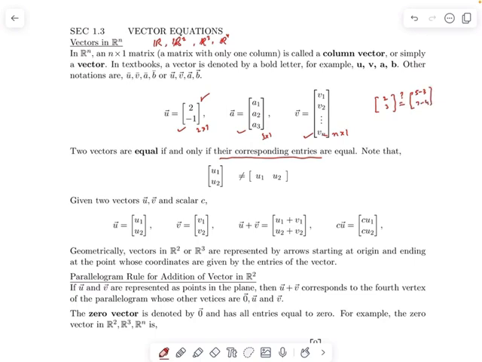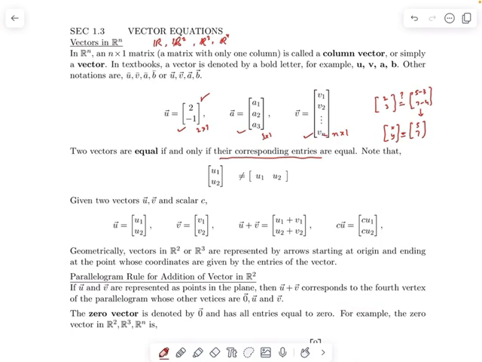Are the two equal? Yes, because this also yields 2, 3, so they are equal vectors. Whenever you see x, y equals some numbers 5, 7, it means x is equal to 5, y is equal to 7.